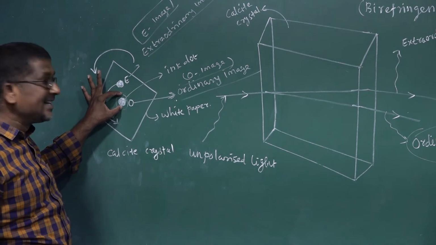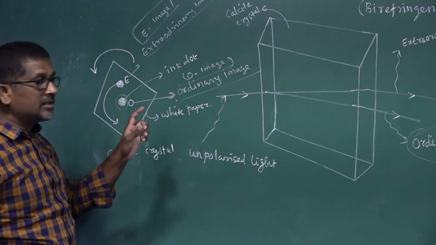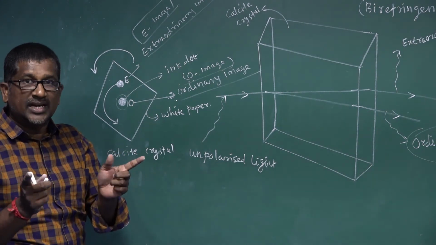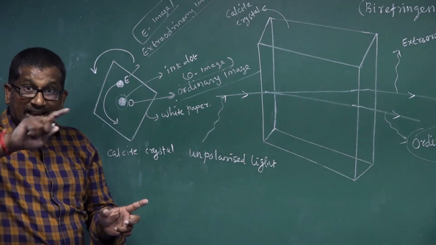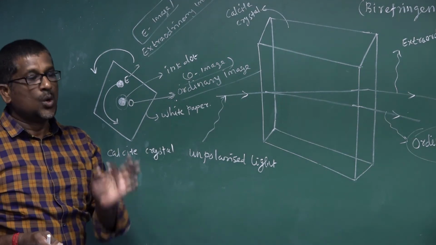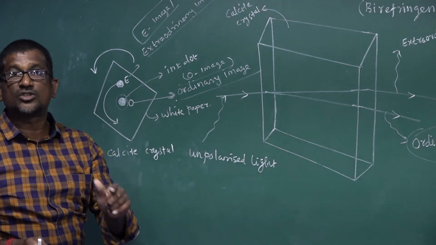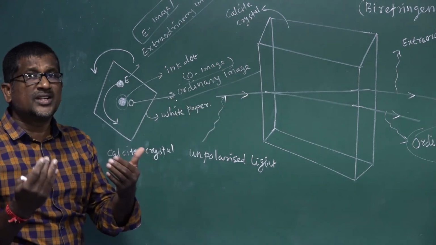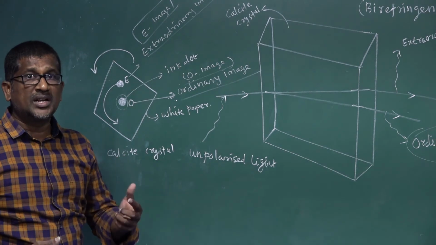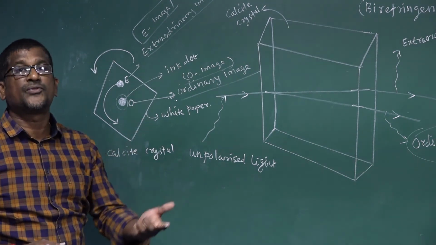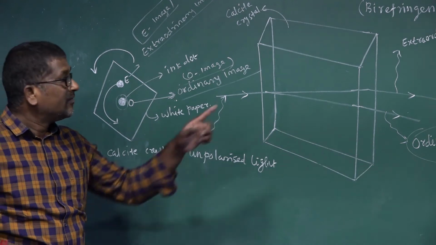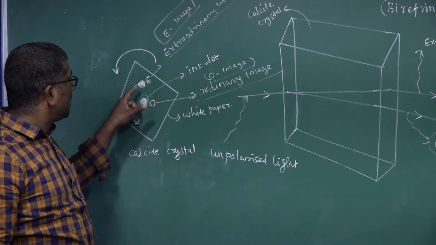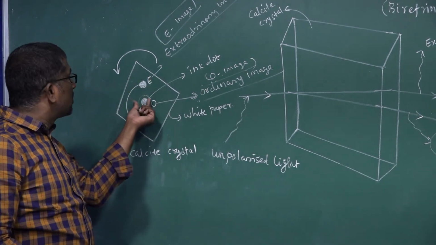So this is a single ink dot. When the ink dot is viewed through a calcite crystal, two images of the ink dot can be seen. When the calcite crystal is rotated, one image is stationary, which is called the ordinary image, produced by the ordinary ray. Which ray is called the ordinary ray? The refracted ray which obeys the laws of refraction. Another image rotates around the ordinary image.